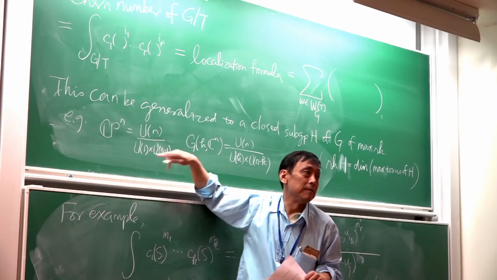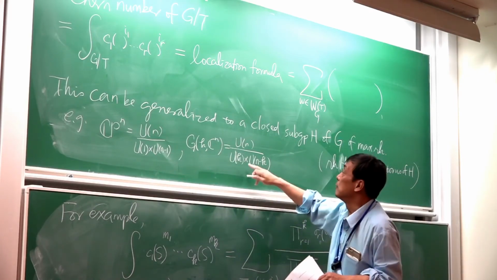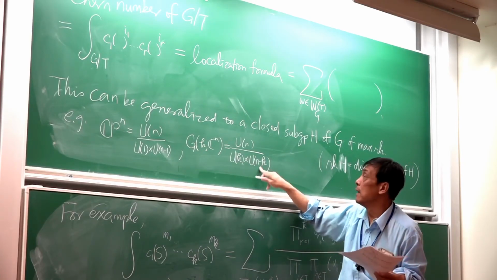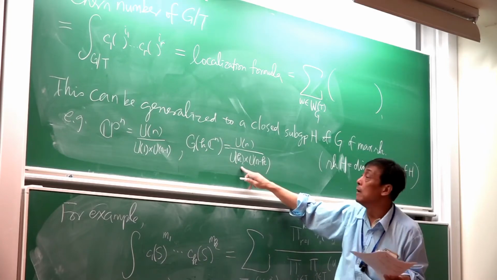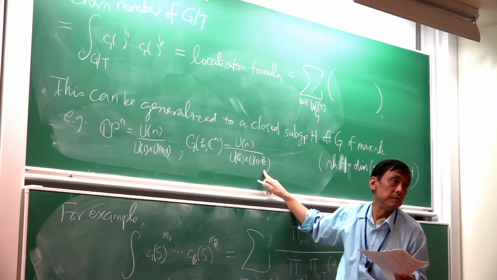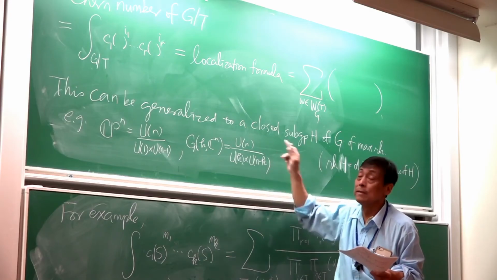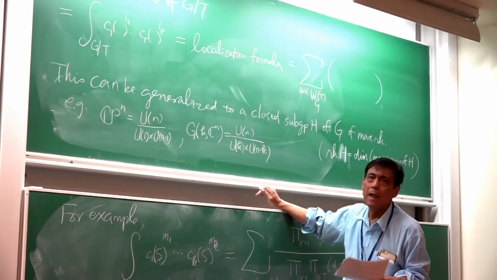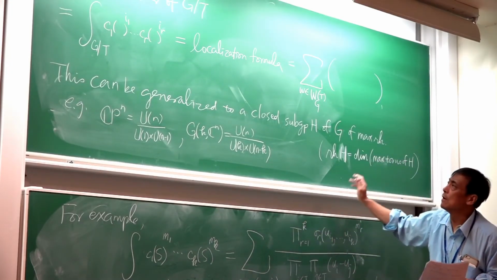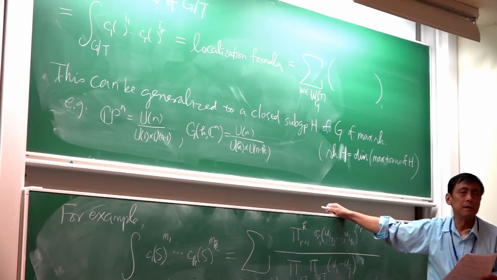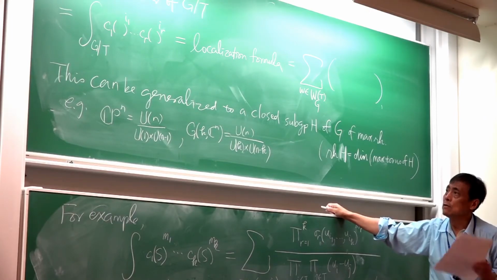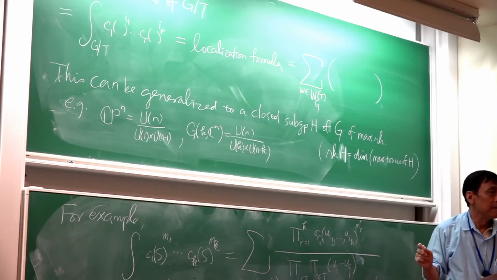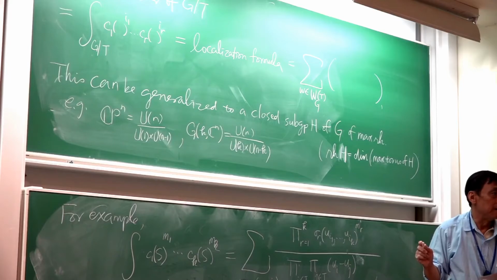This also has maximal rank because U(k) has k copies of U(1), and this has n minus k copies, so you have n copies of U(1), which is the maximal rank in U(n). There's a theorem that if you have a closed subgroup of maximal rank, then the quotient is actually a complex algebraic variety.